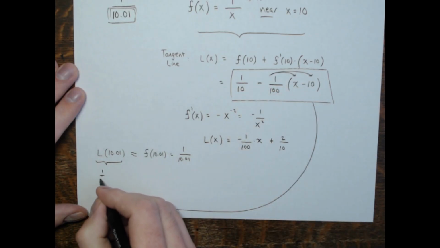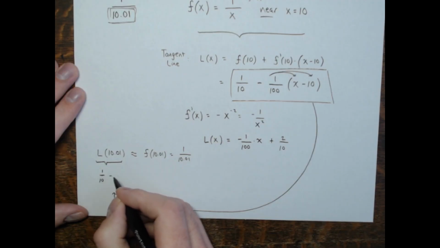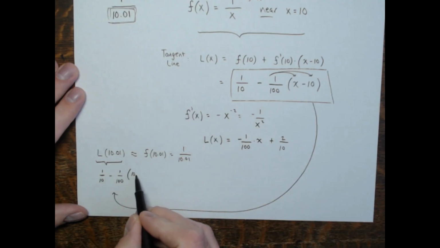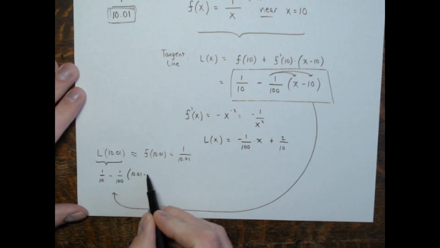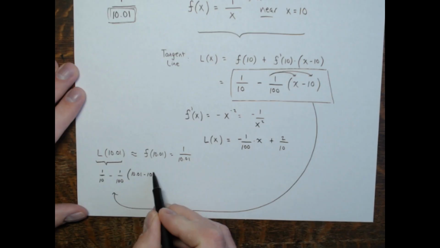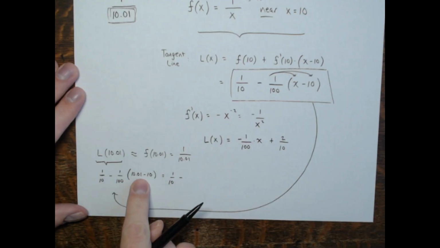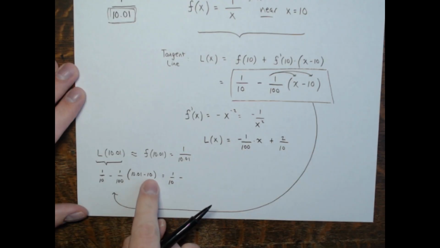So this is going to be 1/10 minus 1/100th times 10.01 minus 10. So that's 1/10 minus 1/100th times, 10.01 minus 10, that's 0.01, that's 1/100th.